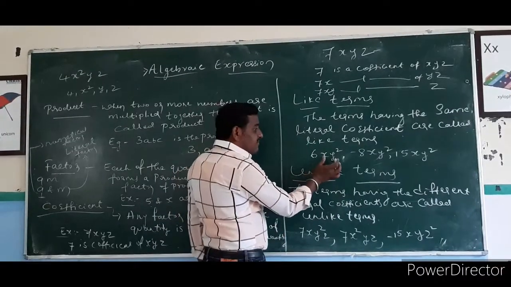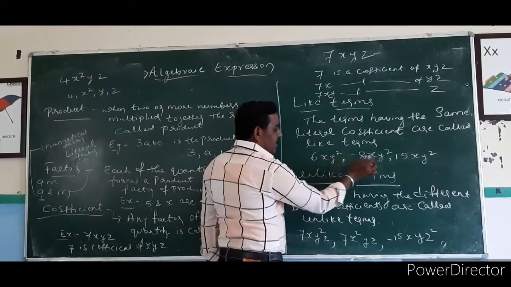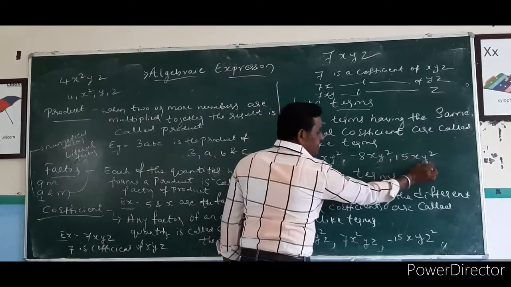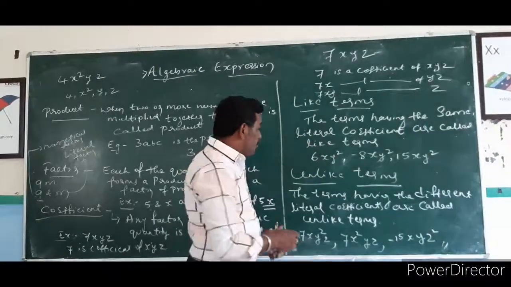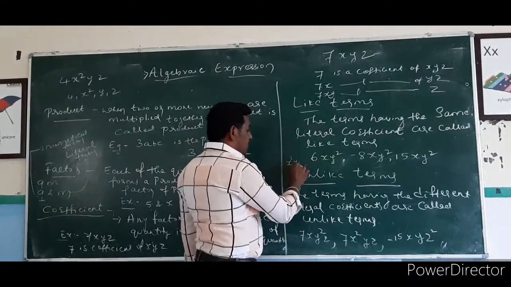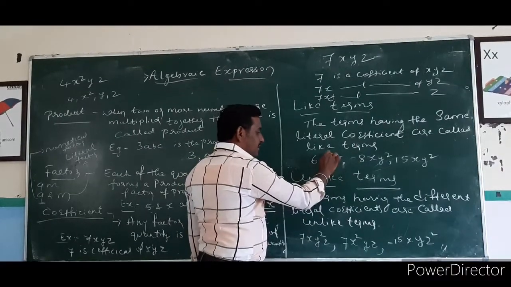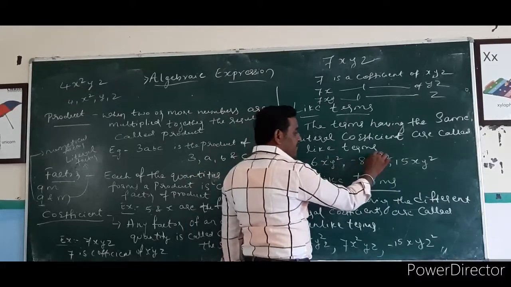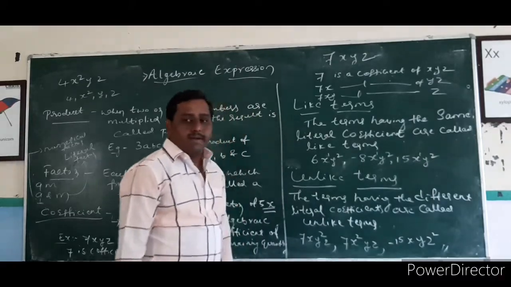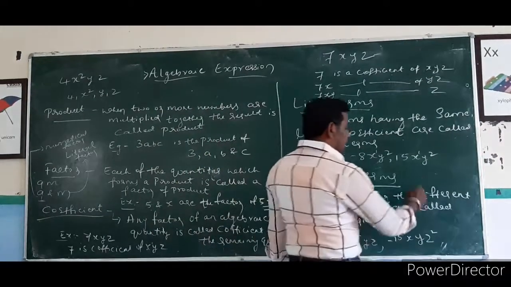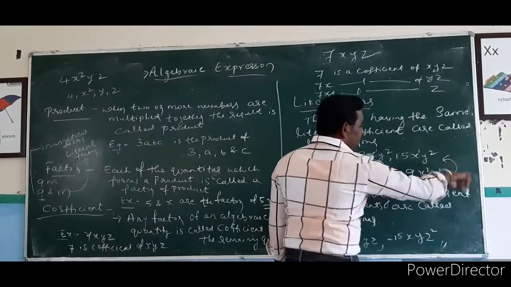But in the case of the literal coefficient, look here: xy square, xy square, xy square. The literal coefficient should be the same: x to the power of 1, y to the power of 2. Suppose I take 9x square y square. This does not belong to this group.